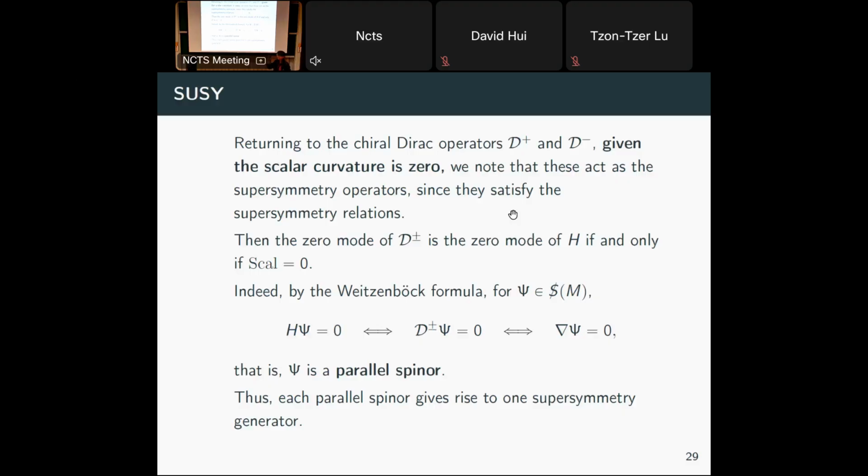So it's not an element of, so I have kind of abused notation. It's a section of your spinor bundle. Yeah, you can take it to be sections of the bundle.